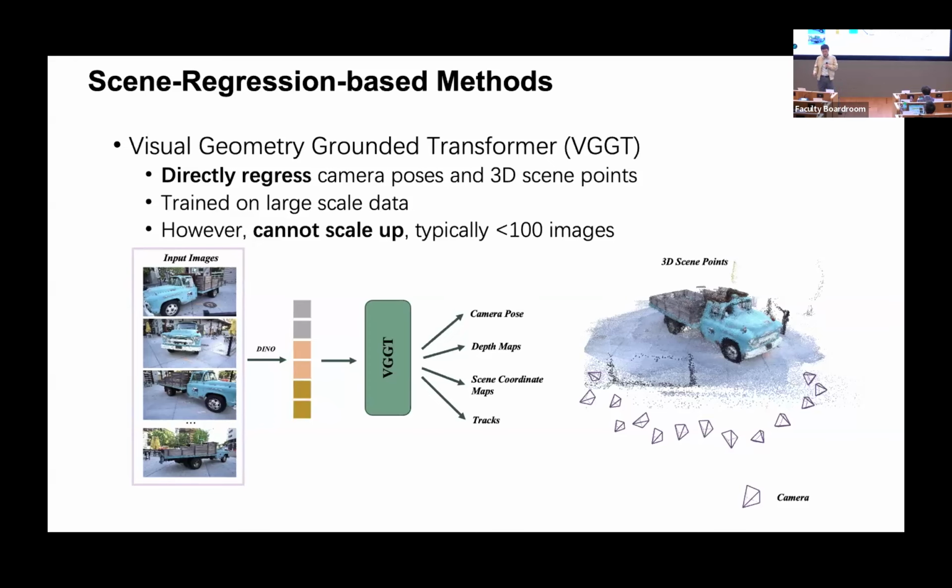So VGGT is a scale-up of DUSt3R. It basically directly regresses the 3D camera poses and the 3D scene points from just the images, and it is trained on huge amounts of input data, and it works really well, and sometimes even outperforms the traditional algorithms.